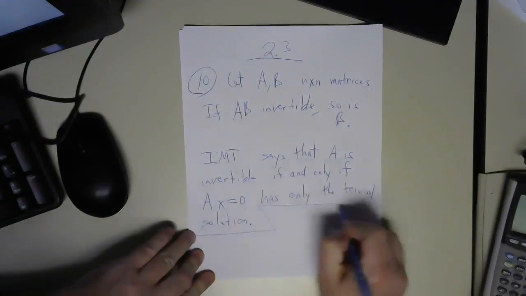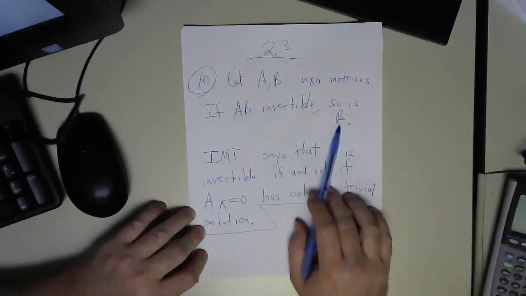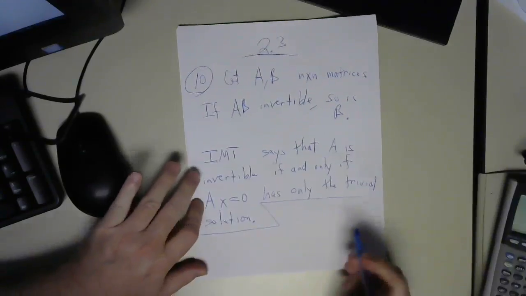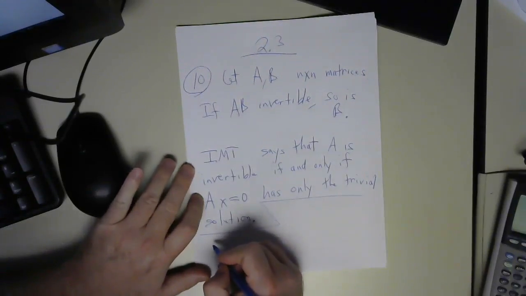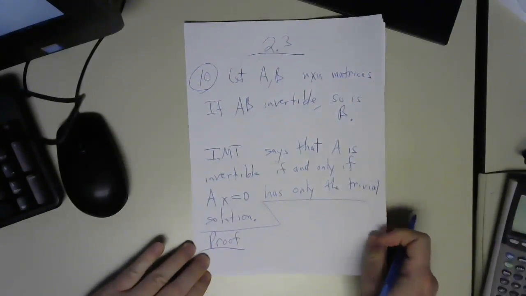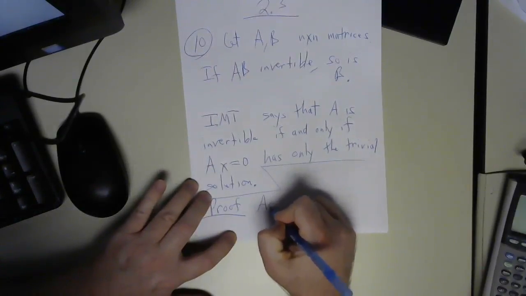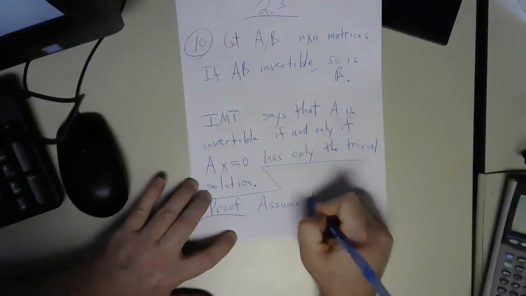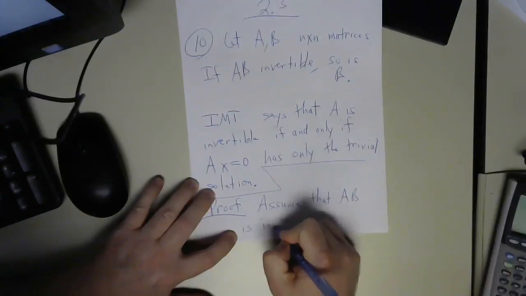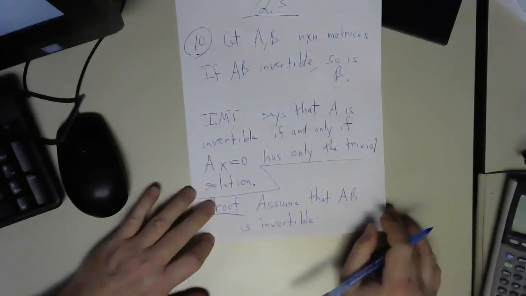All right, so we're trying to show that B is invertible, given the assumption that AB is invertible, okay? So let's try to prove this. Let's try to prove that if AB is invertible, so is B. So let's assume that AB is invertible.